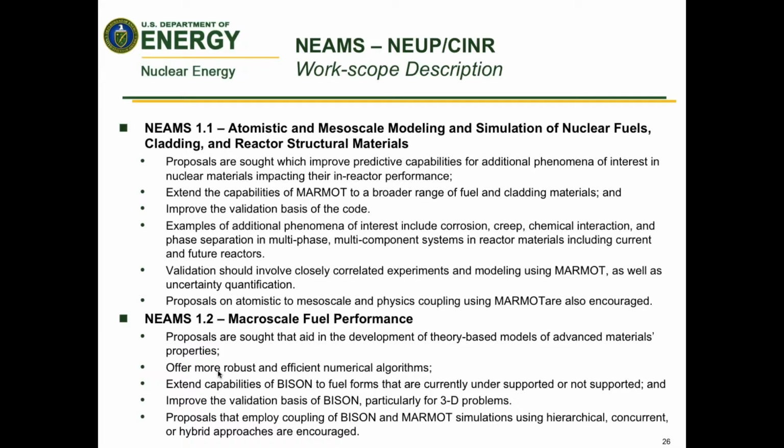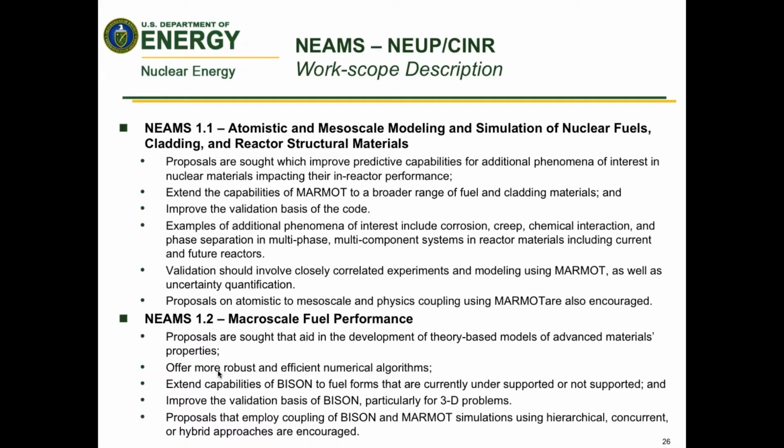In 1.2, I think this area reflects the need for advancements in material science. We want to be able to take those advancements, and to be able to implement them into Bison and improve its ability to predict fuel performance.